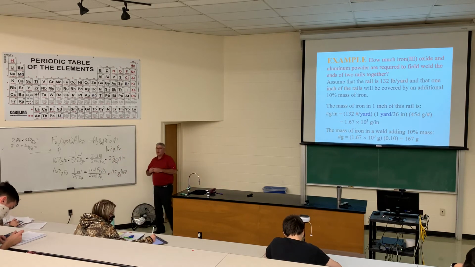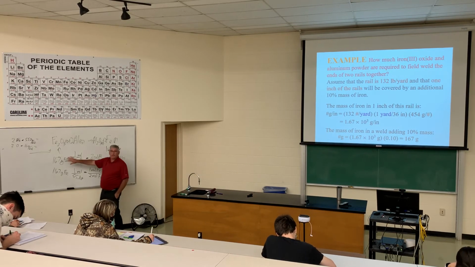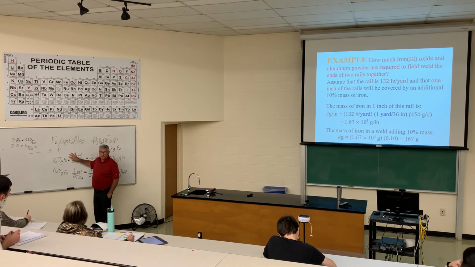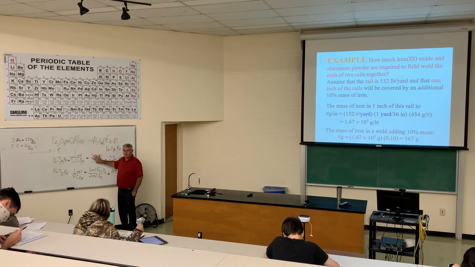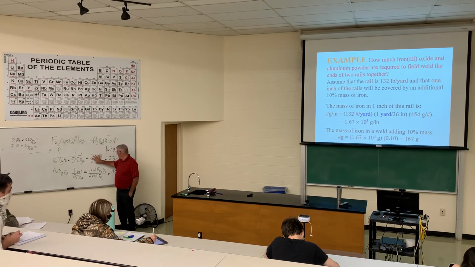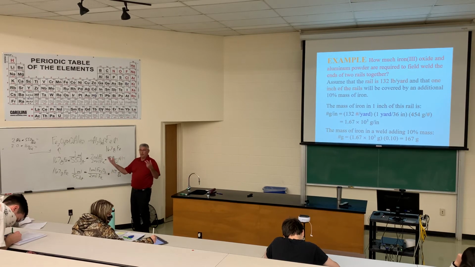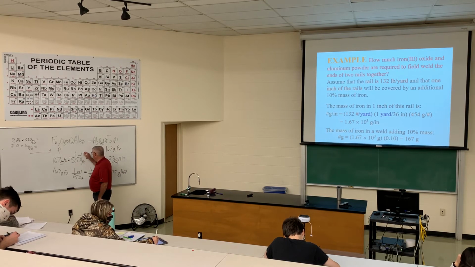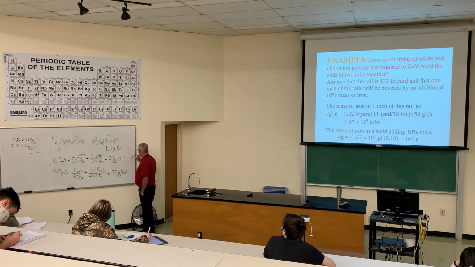All right, so I've got the calculations set up there, and I'm starting with grams of A. The step right here is convert to moles of A, and then I convert from moles of A to moles of B, and then I convert from moles of B to grams of B. If I check, like I didn't do on Wednesday, if I check my units, then grams of Fe cancel here, my moles of Fe cancel here, my moles of aluminum cancel here, and I'm left with grams of aluminum.